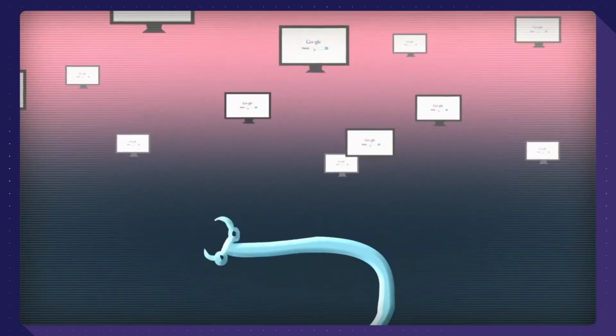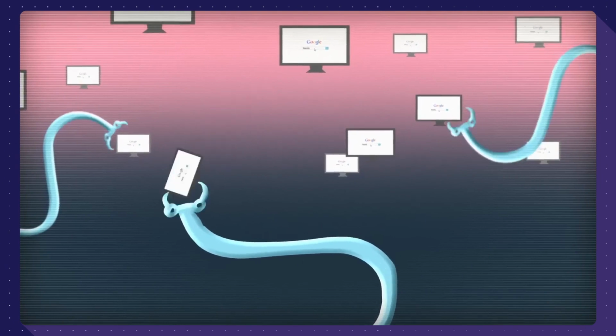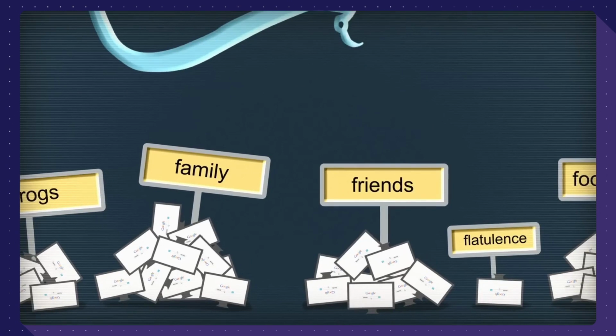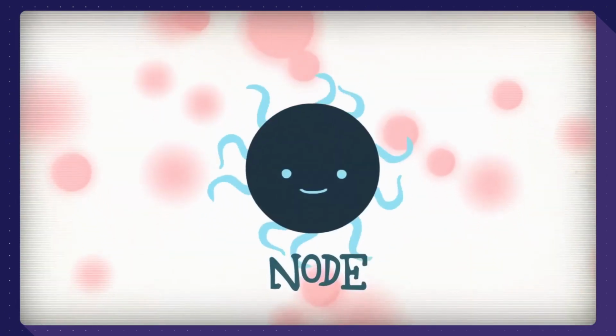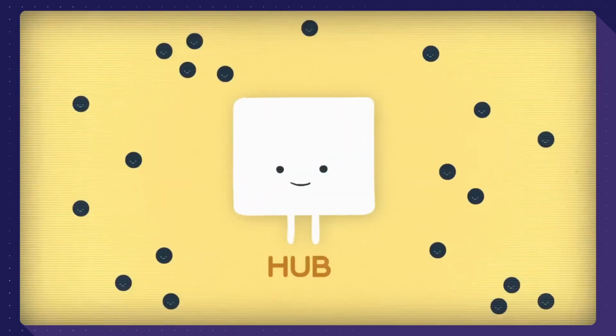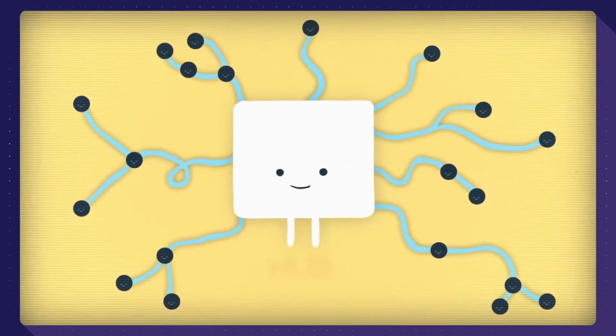The algorithm Google derived collects the number of references to any search object. As references to a search object increase, the number of links also increases, creating a node. As the node increases in size, it eventually becomes a hub, which links to many nodes.